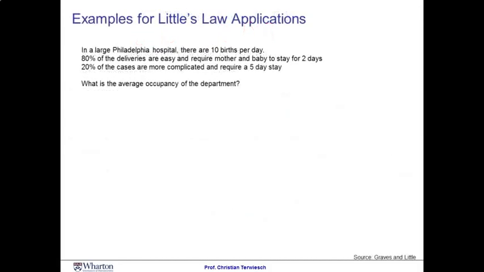Here's another interesting example of Little's Law. Imagine you're working for a large hospital and there are 10 babies born per day in the hospital. Now 80% of these deliveries are easy and they require mother and baby to stay in the hospital only for 2 days. 20% of the cases are more complicated and require a 5-day stay. Now, what is the average occupancy in this department?